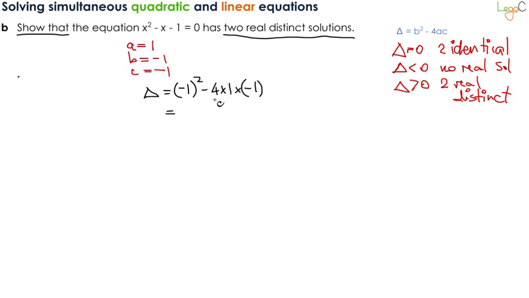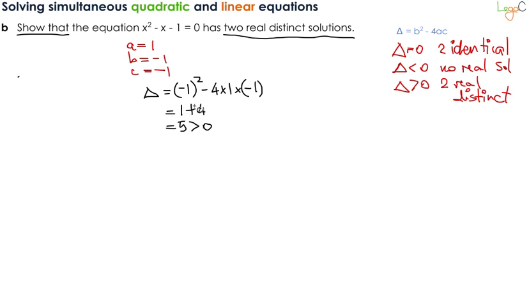Just to be on the safe side, I always put the negative values in brackets. So negative 1 squared equals 1. Here I have negative 4 times 1, which is negative 4, times negative 1 gives us positive 4. So 1 plus 4 equals 5. Now 5 is a positive value, so it's greater than 0.